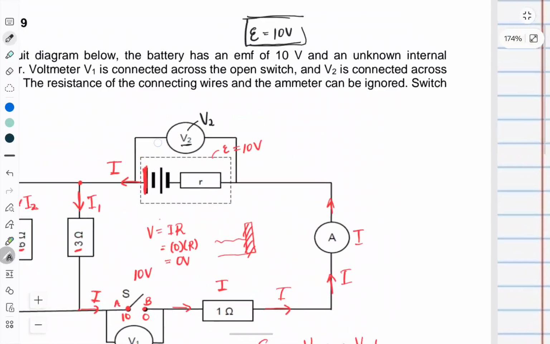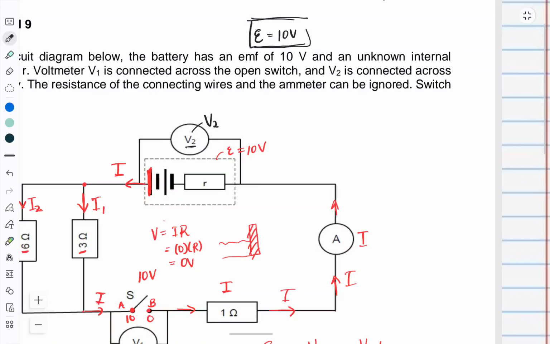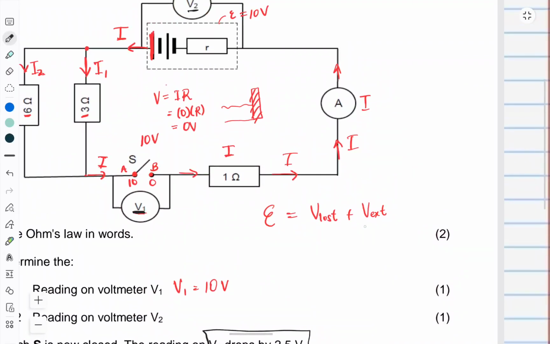Remember, this voltage is the voltage of the external circuit now. Why is it dropping? Because once we close the switch, current starts flowing. Then we get voltage drops across the whole circuit. The first voltage drop is at the battery. Due to the internal resistance, there will be a voltage drop there, right?